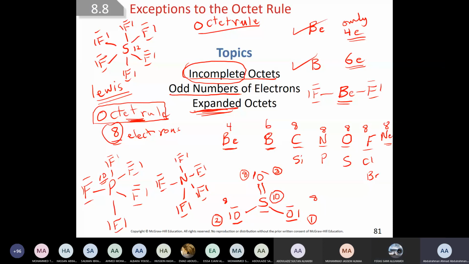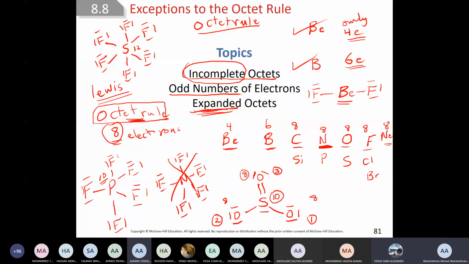How about the nitrogen? How many around it? 10. Is this acceptable? No. Because the maximum that the elements in the first row can take is what? 8. It's only 8. So this is wrong. I hope this is clear.